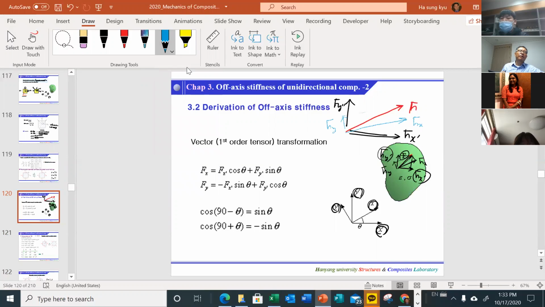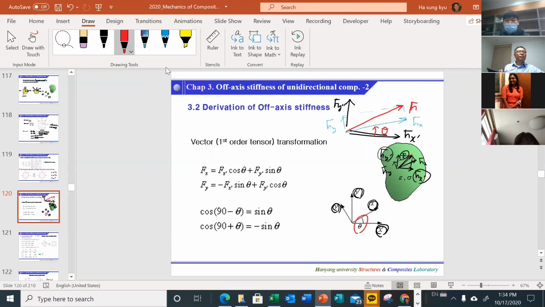Okay. So again, the quantity f does not change, but these components change depending on the coordinate and the angles. You need to remember that the angle is between the two coordinate systems. So this is the angle.